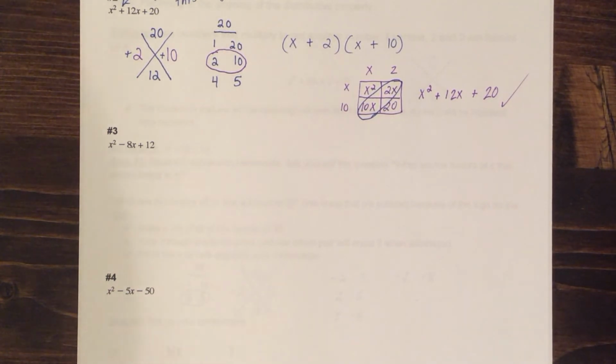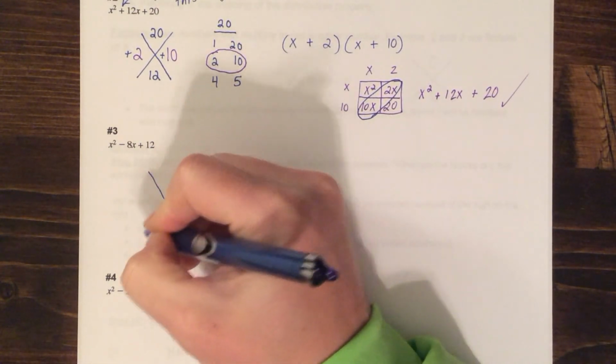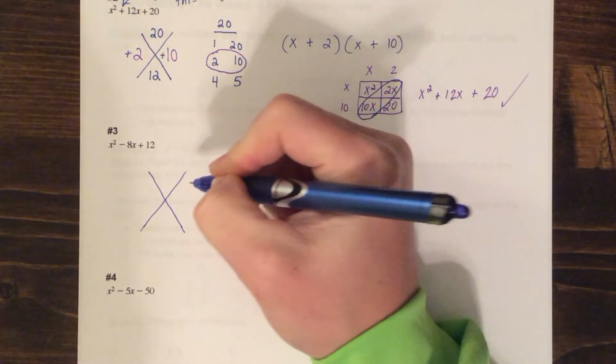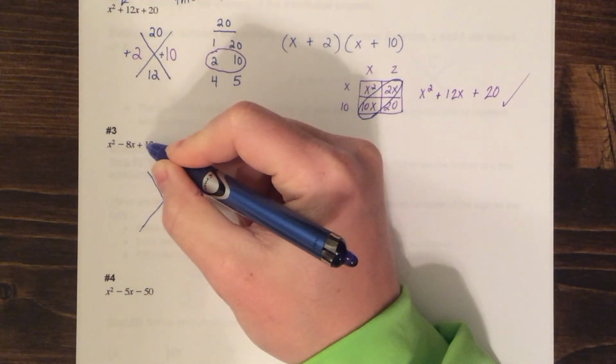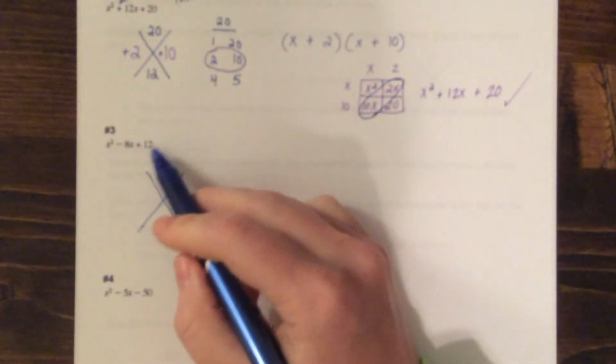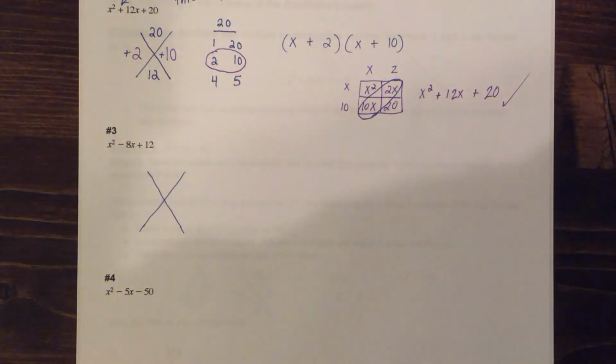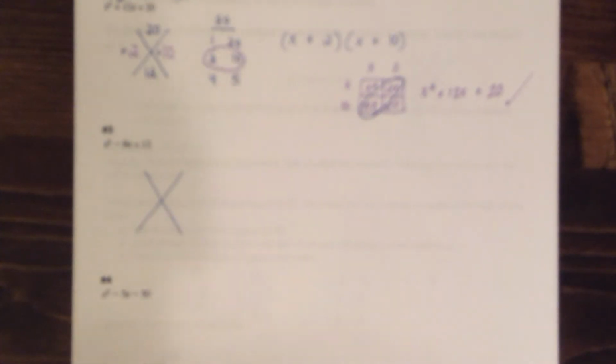We have x squared minus 8x plus 12. So my question, what are the factors of 12 that add to 8? Okay, and once again, it's not always adding. You have to really make sure that you're paying attention. I am not saying it's adding to the middle number every time.